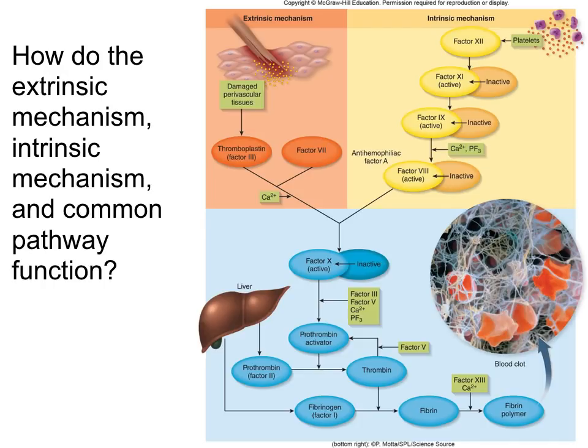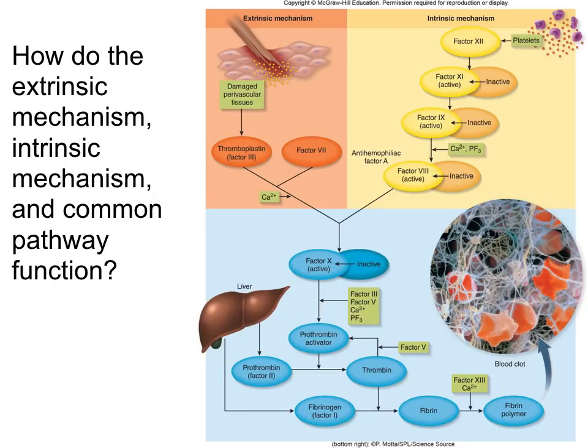Now, once we have our prothrombin activator, as I mentioned on the previous slide, we initiate our common pathway. Prothrombin activator converts the inactive thrombin in your plasma into active thrombin, a nice active enzyme.